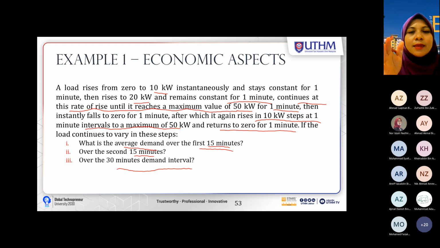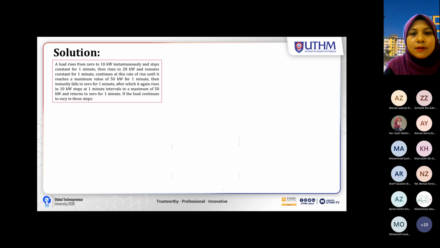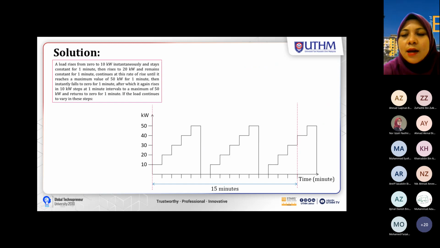First of all, bila you get this question, you have to terjemahkan dia in the graph lah. Okay, apa maksud dia? So you have to draw the graph first. Okay, dia katakan mula-mula 10 kilowatt. Okay, this one lah gambar dia. Lepas tu in 1 minute. Ini 1 minit, ini minit yang kedua, minit yang ketiga.